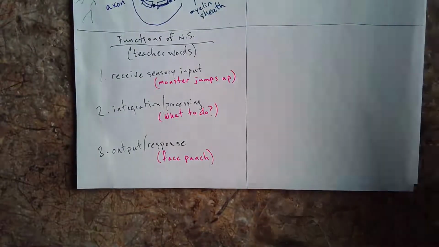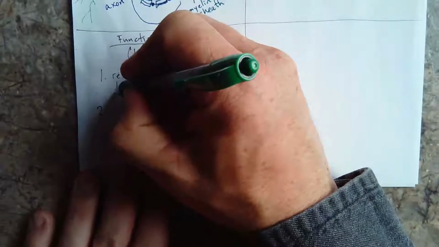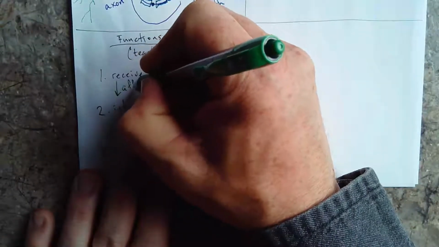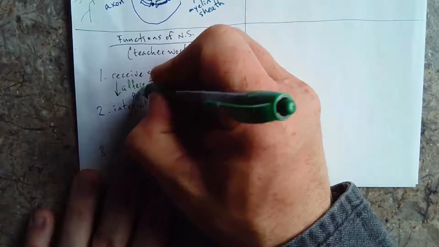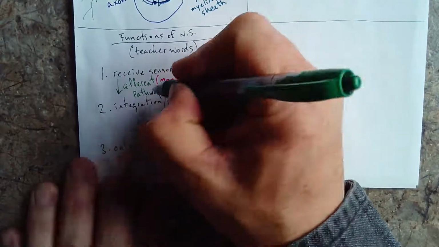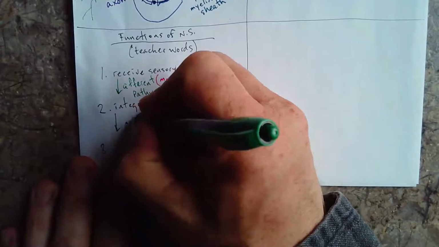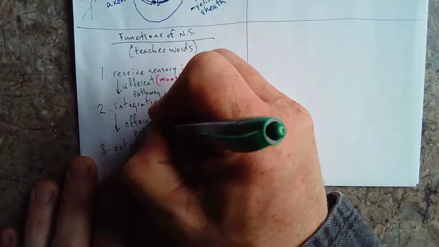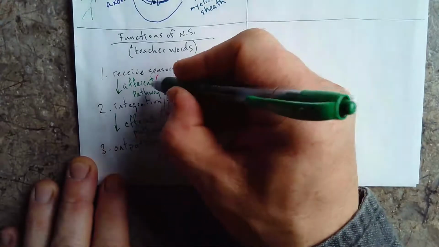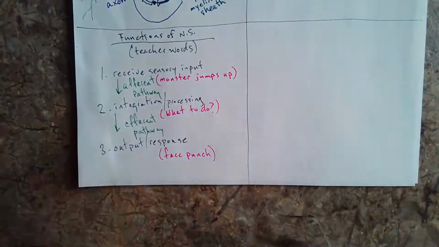Of course, this signal is the afferent pathway, and this one is the efferent pathway. Remember, afferent is input, efferent is output.